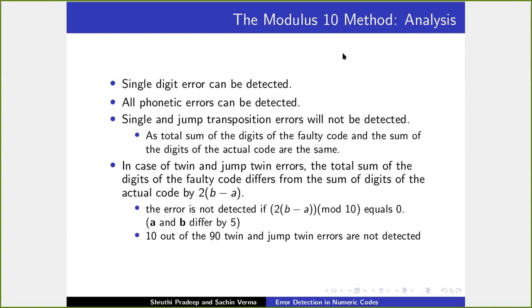I'll just add something here, Sachin. The length of the digits is not fixed right now. There will be methods which will detect errors better, and they will work only if the length is fixed. But for modulo 10, it need not be fixed, because no matter what the length of the code is, you just add all of them, check what is at the units place, and append that to the end.